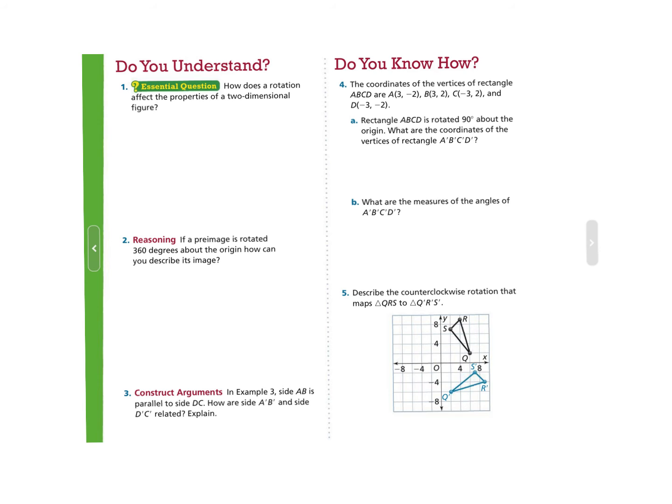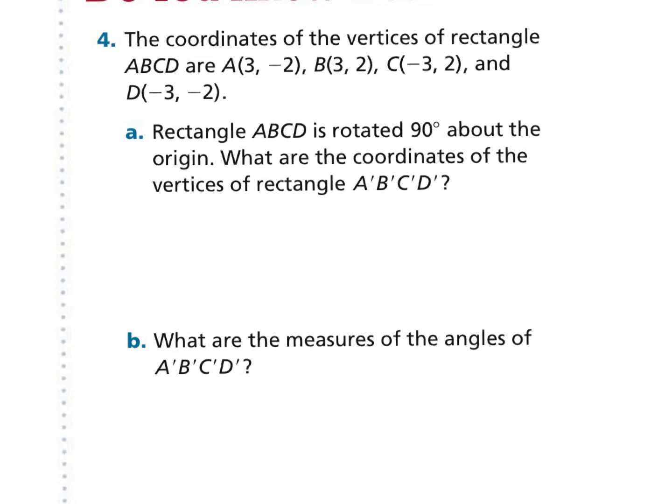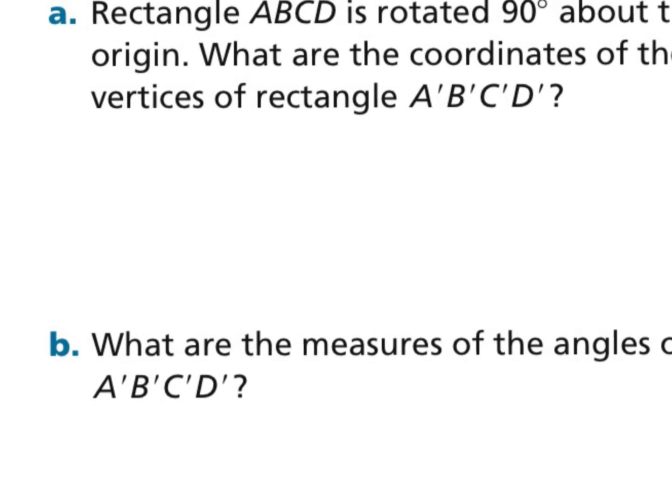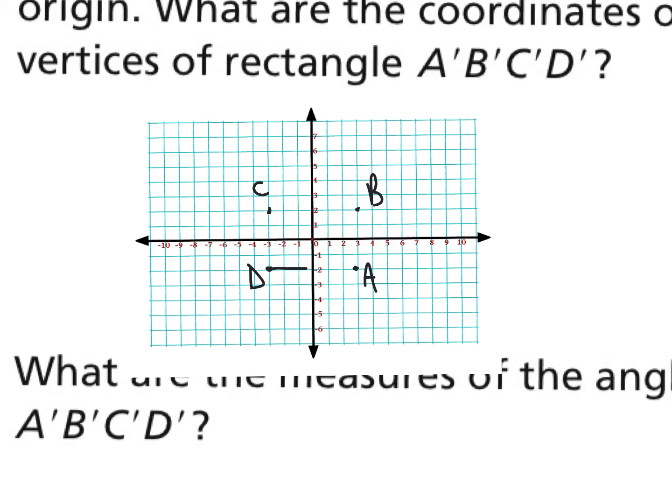So if you look at number 4, we're taking those points and we're rotating them 90 degrees. And what would the new coordinates be? And so once again, that would be just actually graphing that and then rotating it. So here would be our points to start with.